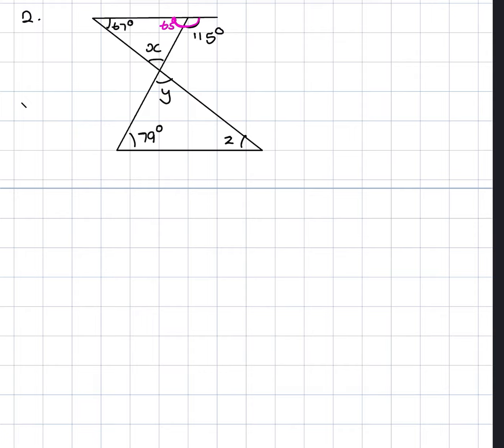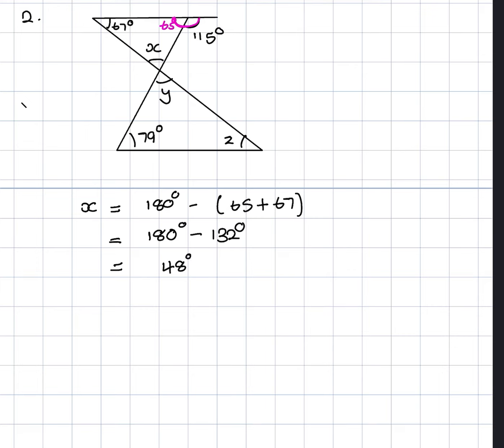So x will be equal to 180 degrees minus 65 plus 67, because angles in a triangle add up to 180 degrees. 65 plus 67 gives 132. So 180 degrees minus 132 degrees is 48 degrees. So x is 48 degrees.